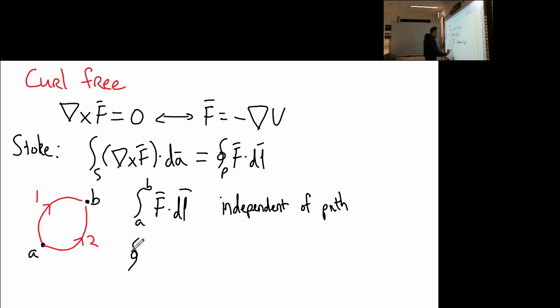We've got our closed integral from A to B and then back to A, of f dot dl, and this is going to be equal to 0. Since we're going from A to B and then from B back to A again, this depends on the value of the function at the endpoints. So the integral over a closed path is going to be equal to 0.